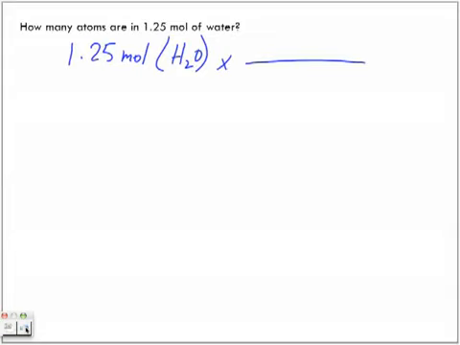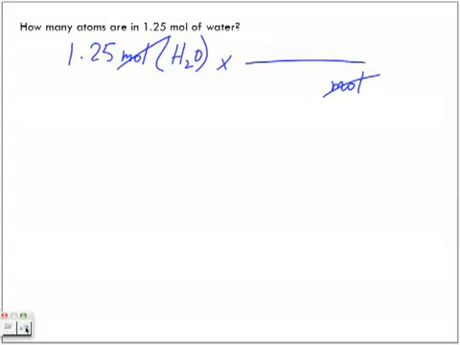for me to cancel out moles, where must moles be? The bottom. The only thing is mole, okay, is this water here an atom? No, it's a molecule.